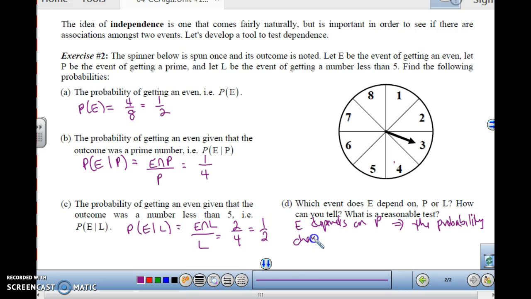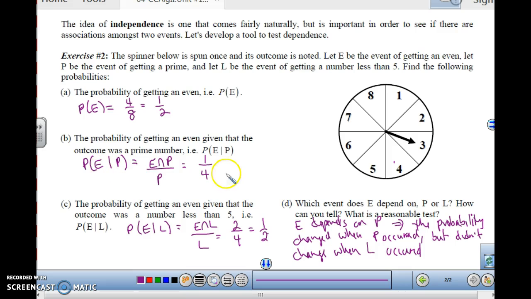All right, so E depends on P because the probability changed when P occurred. But it didn't change when L occurred. So when we did the probability E given L, the probability stayed 1/2.